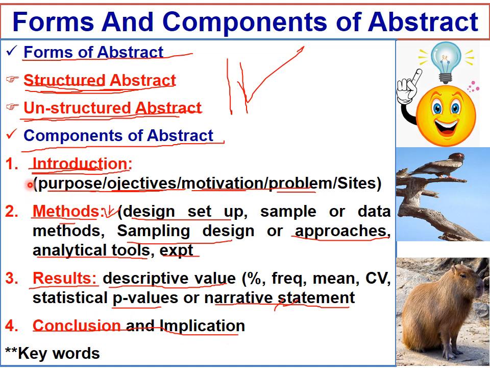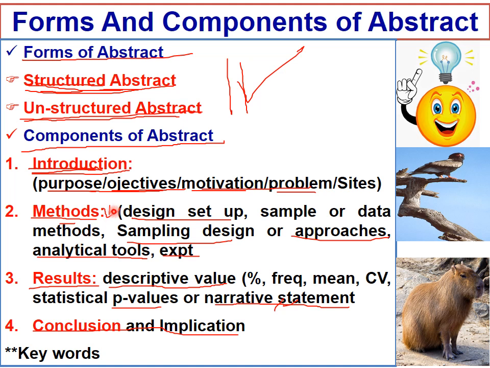So there must be some headings first and then followed by the description about it. But under unstructured abstract, the headings are not observed. Only some descriptions, narrations about that particular information are there without headings and subheadings of that particular area.